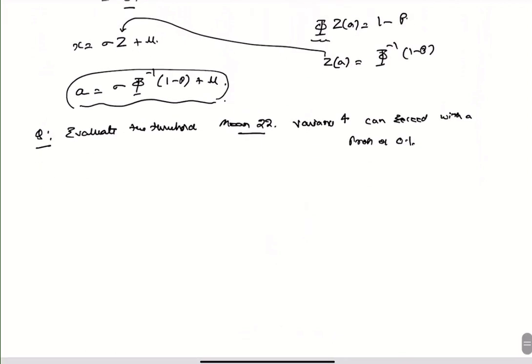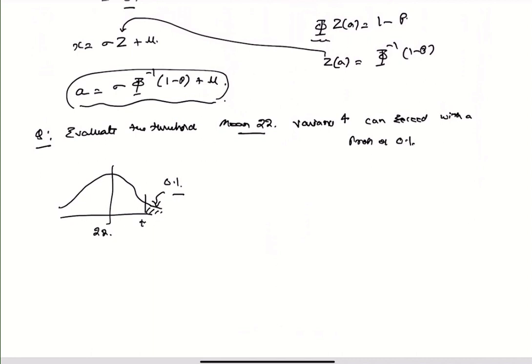So now we're going to again draw this standard graph over here, and we'll say okay, so the mean is 22 and we have this threshold which is t, and the area outside it is 0.1.